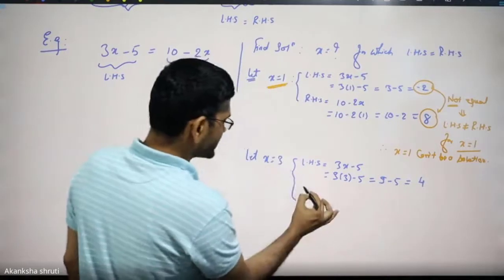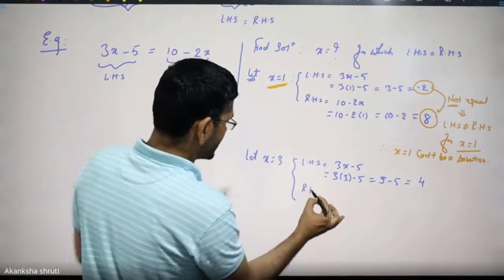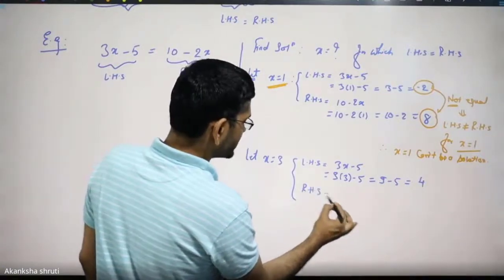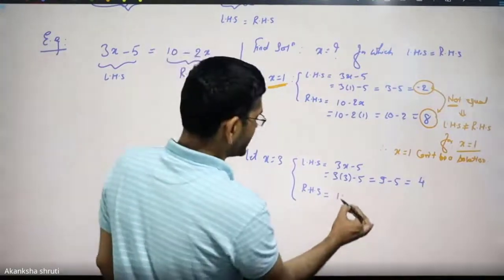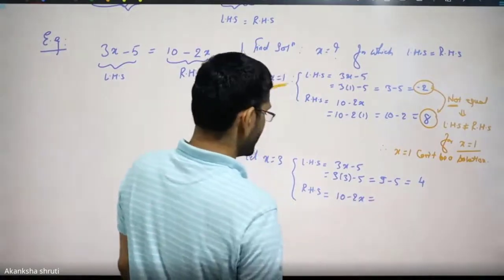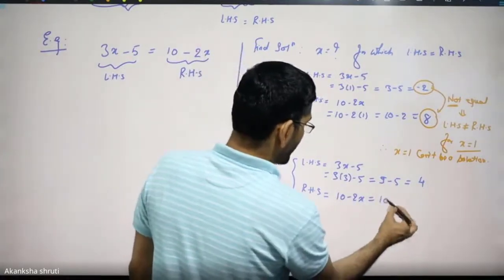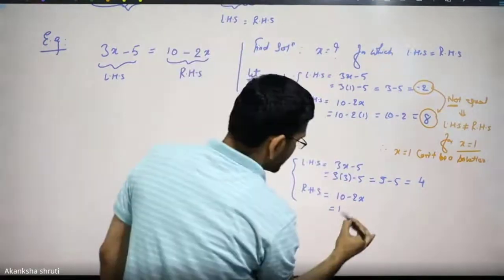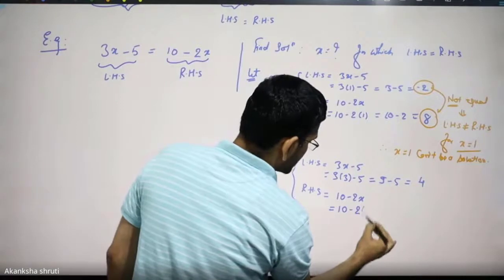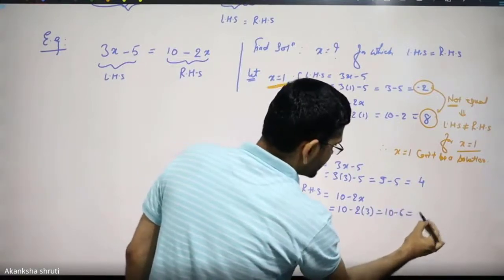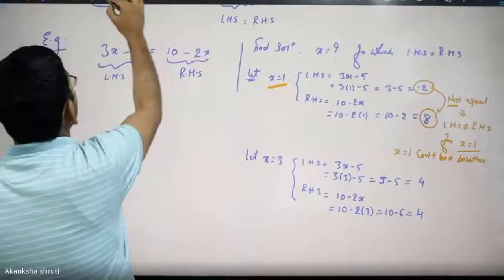But if we substitute x equals 3 in our RHS, 10 minus 2x is 10 minus 2 into 3, which is 10 minus 6. This is also 4.